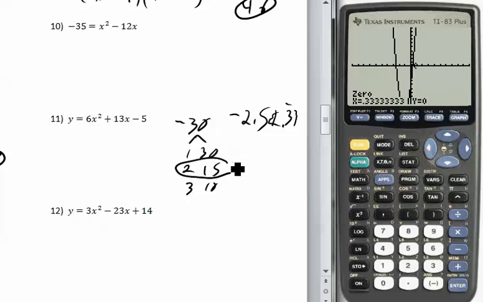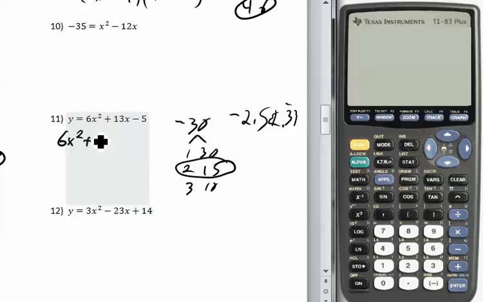So when we subtract those, we get 13. So we go 6x squared, I need the 15 to be bigger, so I get positive 13, plus 15x minus 2x minus 5.